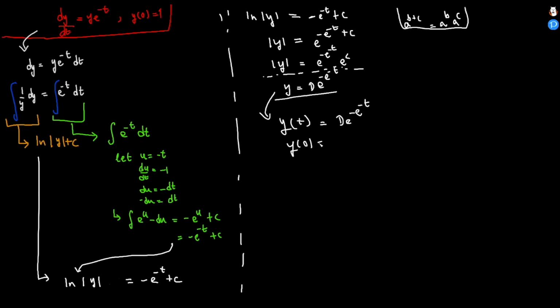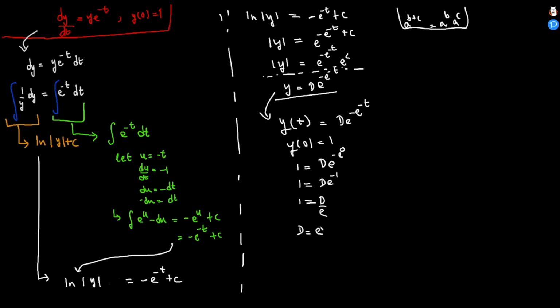If we substitute 0 where t is, we get 1 equals d times e to the minus e to the 0. And a to the power of 0 is 1, so this will be 1 equals d e to the minus 1, which is 1 equals d over e. Therefore d equals e.